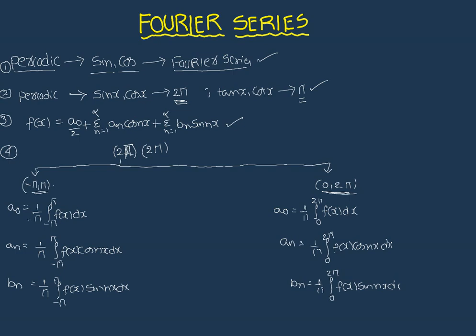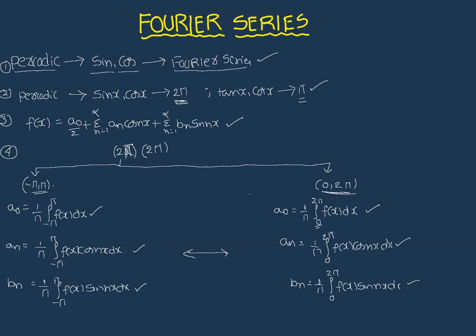For that we have the values of a naught, a n and b n. The only difference between these two is the limits: if it is 0 to 2 pi we write 0 to 2 pi, and if it is minus pi to pi we write minus pi to pi.